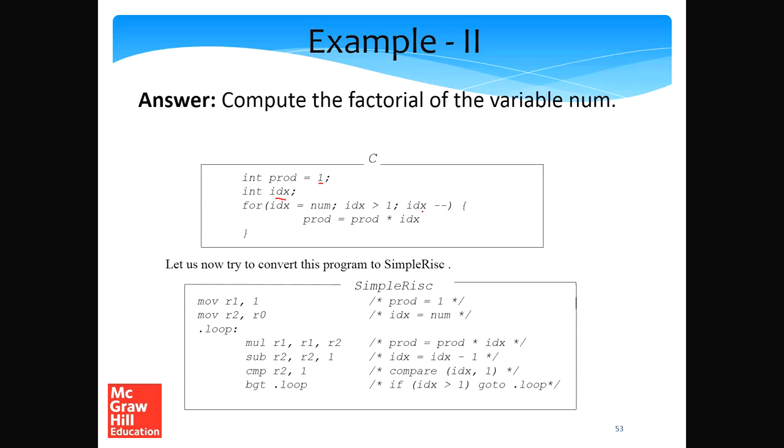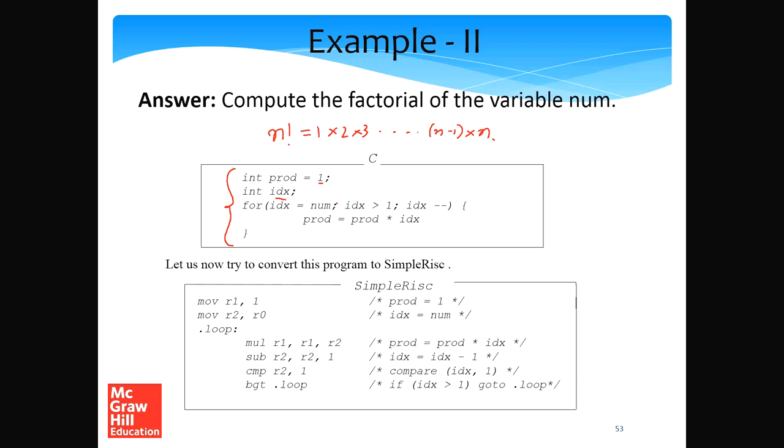We subtract the index by 1 in each step, and this is the multiplicative step: prod equals prod multiplied by idx. So this code is enough to compute the factorial of a number. Recall that the factorial of a number n is 1 multiplied by 2 all the way till n.